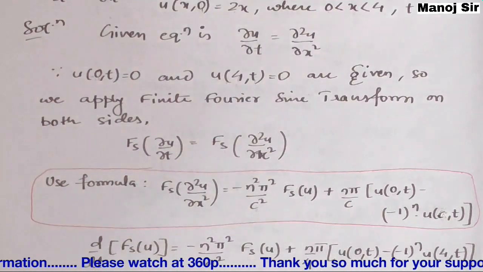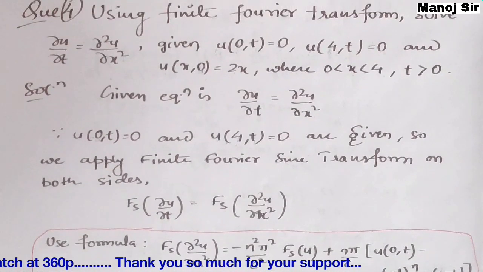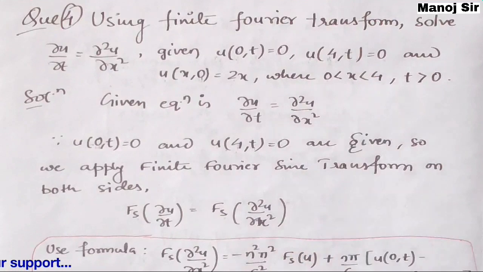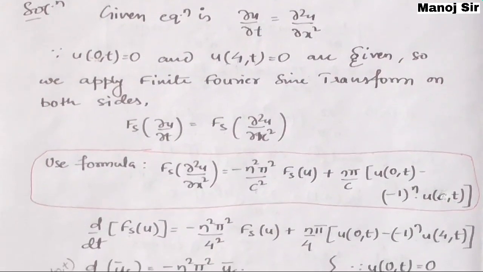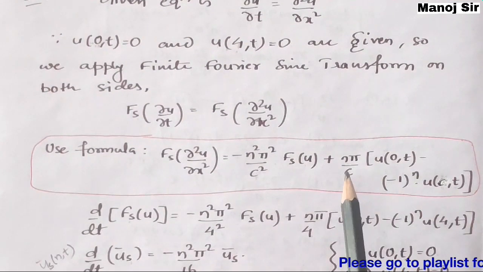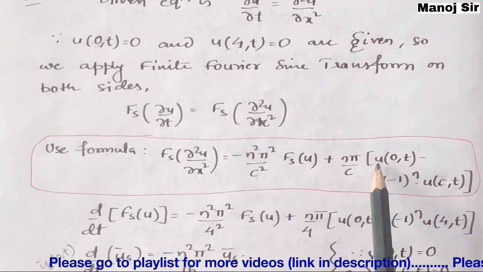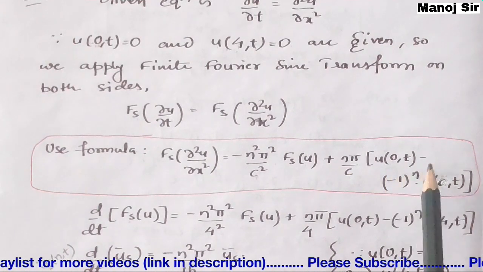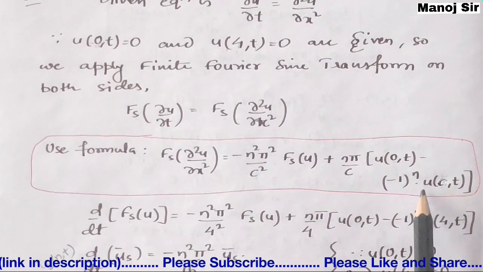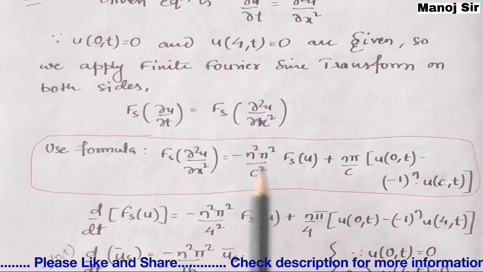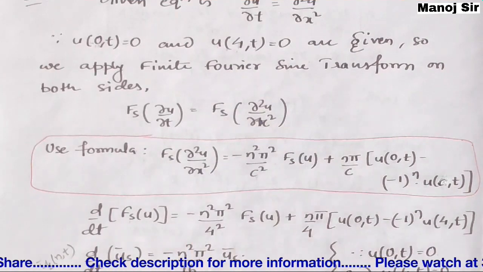What is c? That is the upper limit of x, that is 4. Within the square bracket we have u at x equal to 0 minus minus 1 power n times u at c comma t. So simply put this in place.